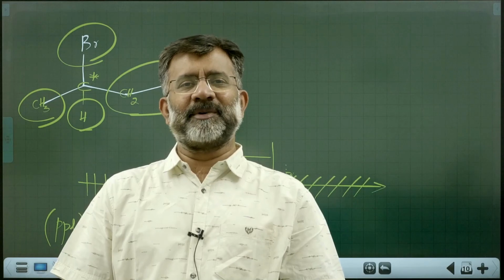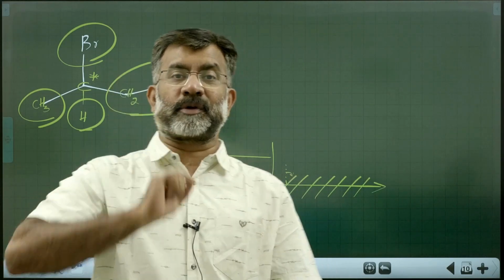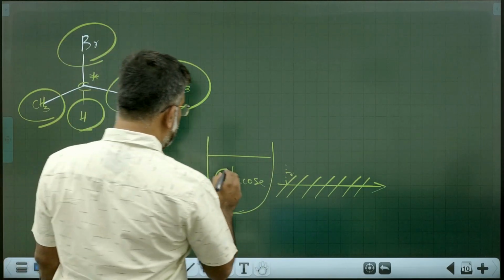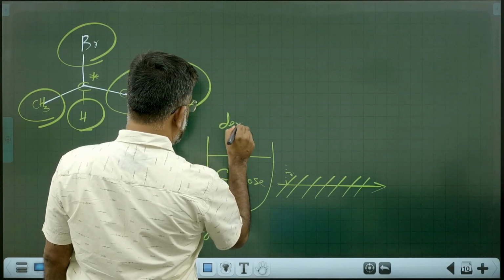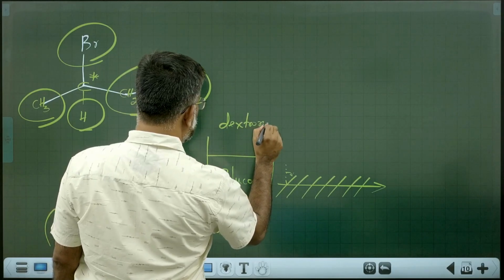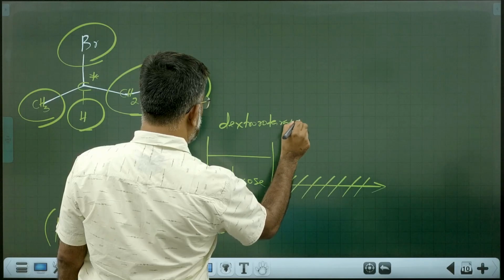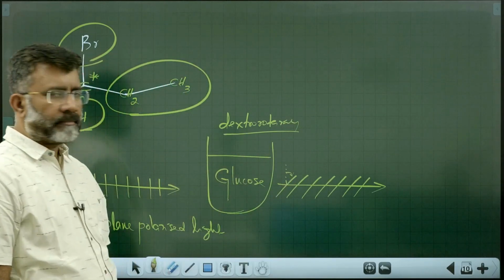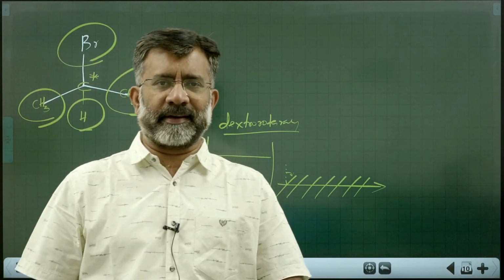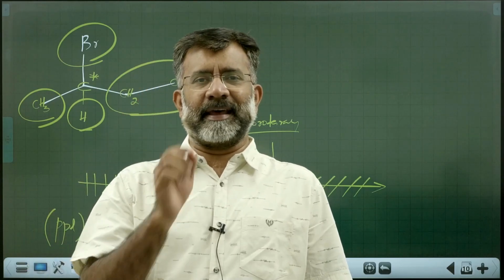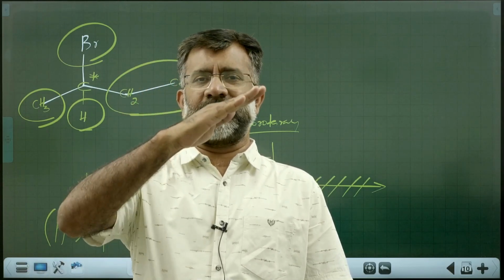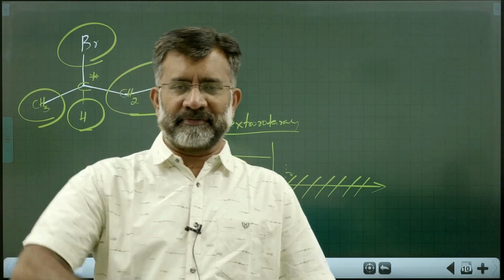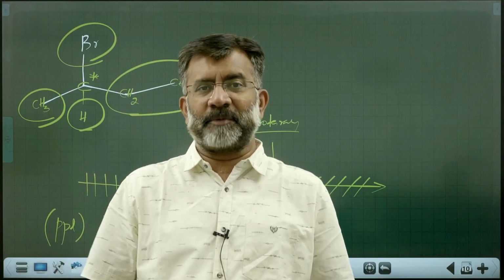Such compounds are called dextrorotatory. Not surprisingly, glucose is called dextrose. What is meant by dextrorotatory? The plane of polarized light is rotated towards the right. Meanwhile, if you take fructose, fructose is optically active.